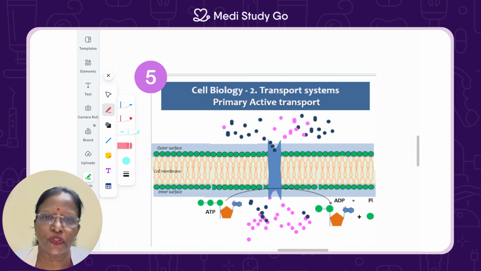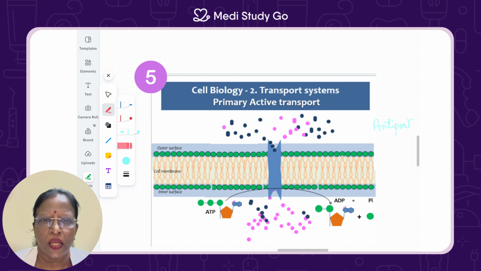These transport molecules will transport two molecules at a time, one from outside to inside and the other from inside to outside. So they are also known as antiports. Two molecules in opposite direction, antiport. And since it is against concentration gradient, energy is required.